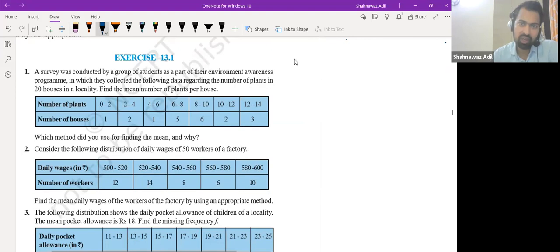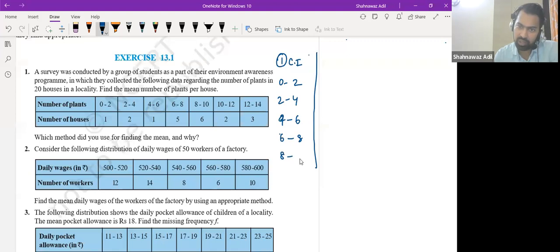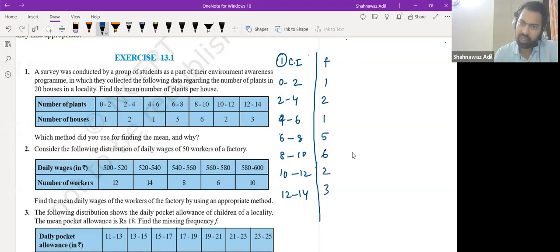So we have class intervals, right? This is from 0 to 2, then 2 to 4, 4 to 6, 6 to 8, 8 to 10, 10 to 12, and 12 to 14. And the frequencies are 1, 2, 1, 5, 6, 2, 3. And then you calculate the class marks, right?